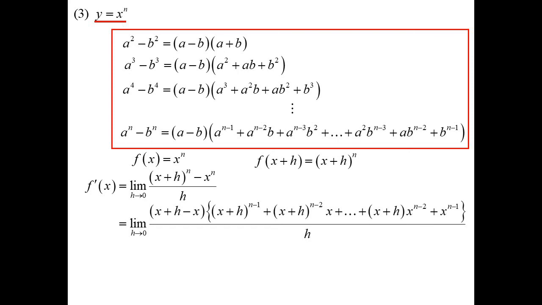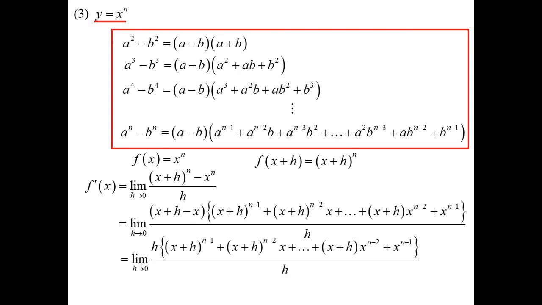In the second one, the powers of x plus h will be going down by 1. The powers of x will be going up by 1. But this is now good because it gets rid of the 0 on 0 idea, because x plus h minus x is of course h. And then the h cancels with the h, leaving us with just that second parenthesis.